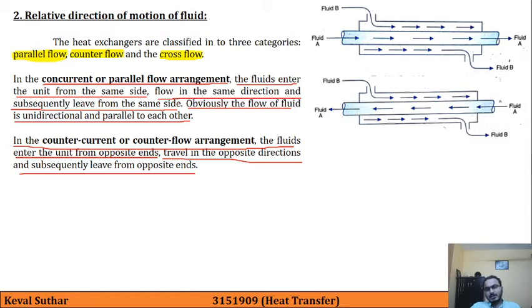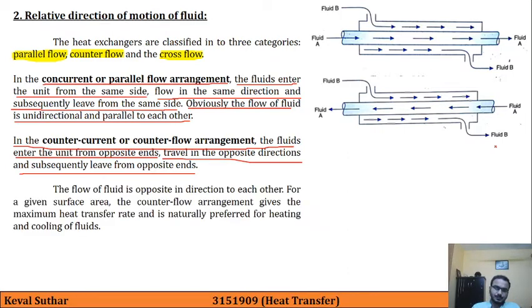So you can see that fluid A is coming from right and going into left, and fluid B is coming from left and going to right direction. So it is example of counter flow arrangement. The flow of fluid here is opposite in direction to each other.